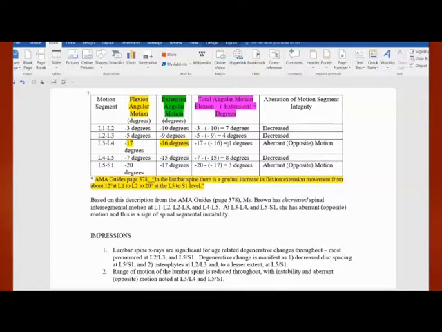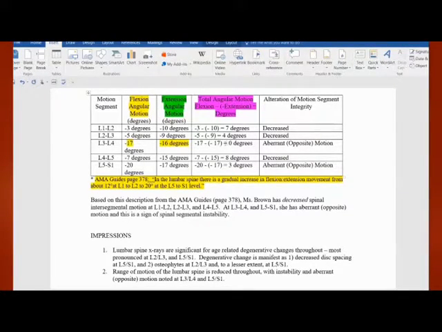Now, what if we mismeasured this minus 16 degree angle? What if that was a mismeasurement and instead we came in at minus 17 degrees? Well, certainly that would then represent 0 degrees of angular motion, consistent with the AMA guide's description of complete loss or near complete loss of angular motion.